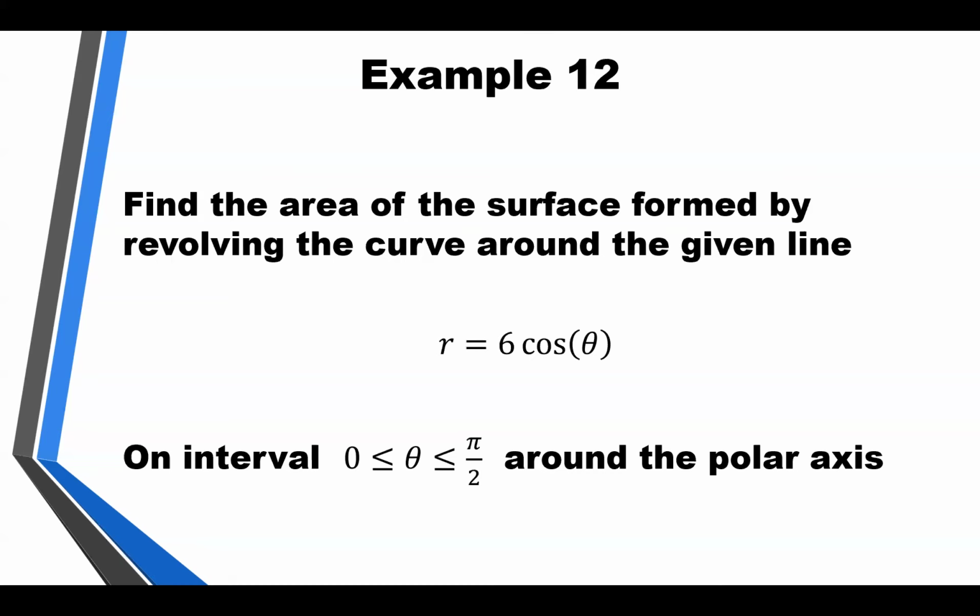Now the polar axis is, again, think of the same thing as the x-axis. 6 cosine theta, that's a full circle if I went from 0 to pi. But going from 0 to pi over 2 actually gives me just the top half of that circle. So I'm taking the top half of that circle and rotating it around the polar axis.